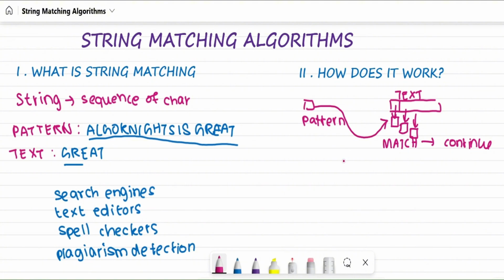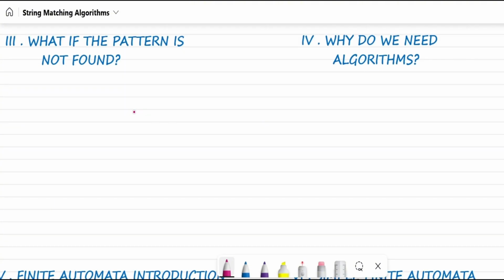Let's move to our next part. So what if the pattern is not found? Guys, this is very important. What happens if the pattern does not exist in the text? We have our pattern here, and we have a text here. We check whether this pattern is available in this text.